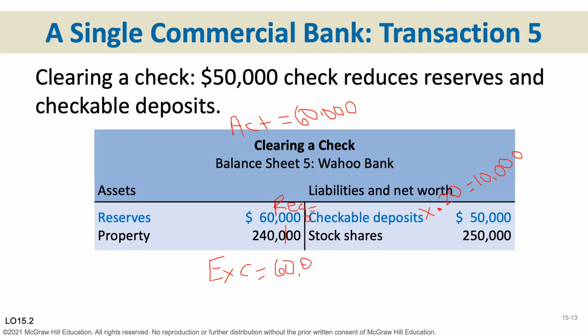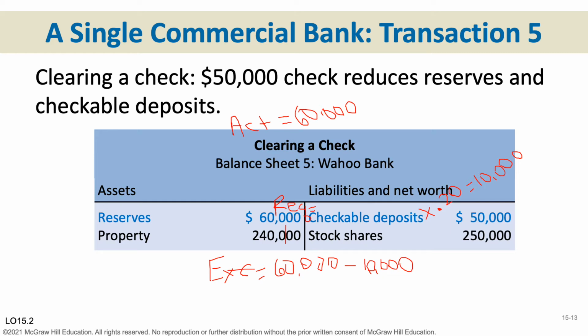I want to write a K instead of 3 zeros, but I'm afraid I'll lose somebody, so I don't. 60,000 minus 10,000. So what's our excess? Our excess equals 50,000.